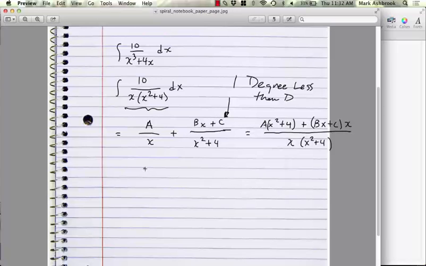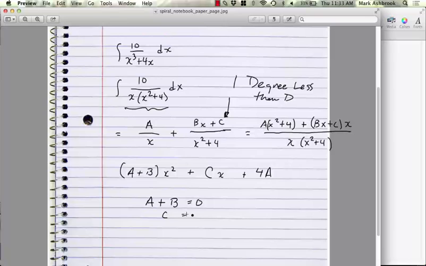Okay, so then this would be, x squareds would be a plus b. What about x? Just c times x. And 4a, just 4a. So our a plus b would be 0, because there's 0x squared in the numerator, right?